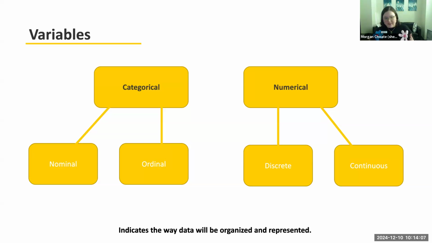So with this being said, I don't necessarily expect anyone to go out and start identifying what variables or what type, but it just kind of gives you an understanding of how this type of data is organized and represented. And there are different ways that you can visualize data depending on what type of variable it is, and different ways that you have to go about it methodology-wise and mathematically.